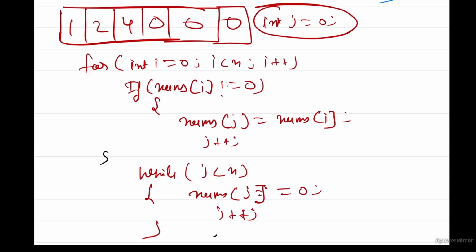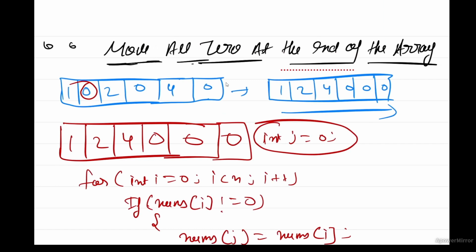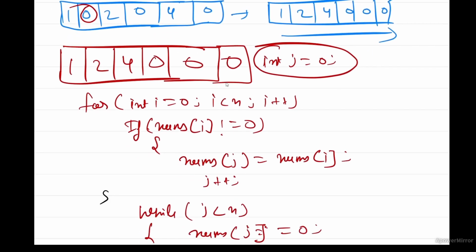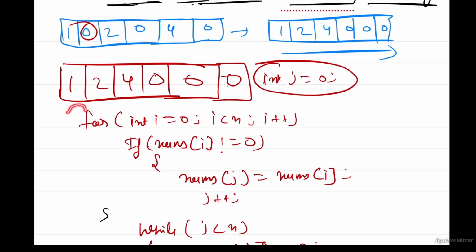So this is your complete logic. This is your array in the question. We just have to move all the zeros to the end of the array, and I want to get this output. For that I run a loop from i equal to 0, i less than n.